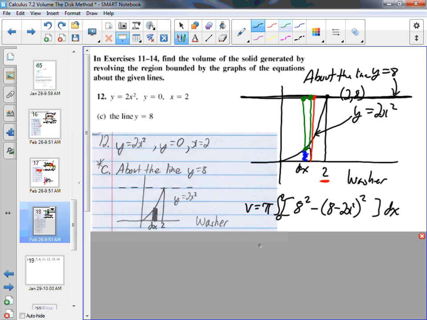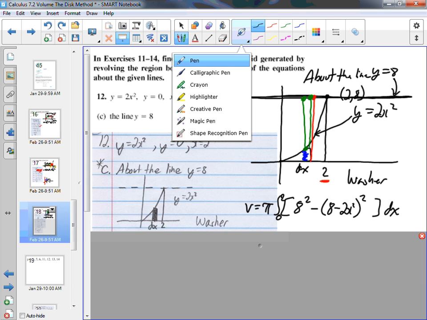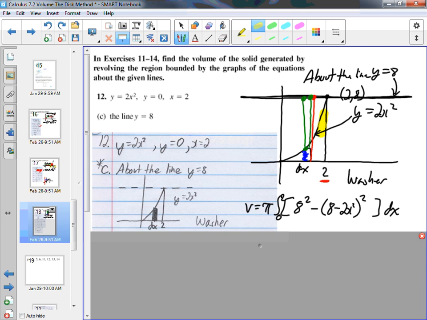What are you talking about, upper left? Okay. Right. The green stuff there is the 8 minus 2x squared. That's not something. No. Here's the solid part.